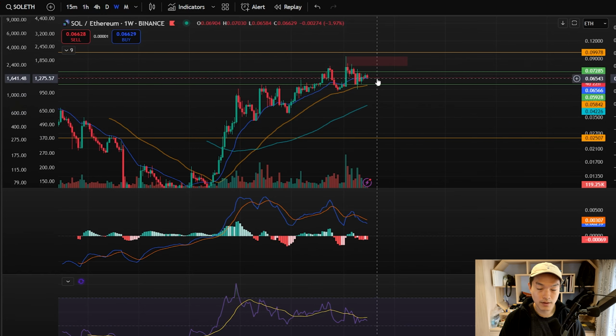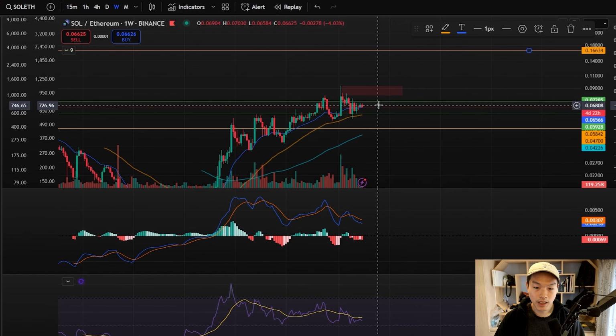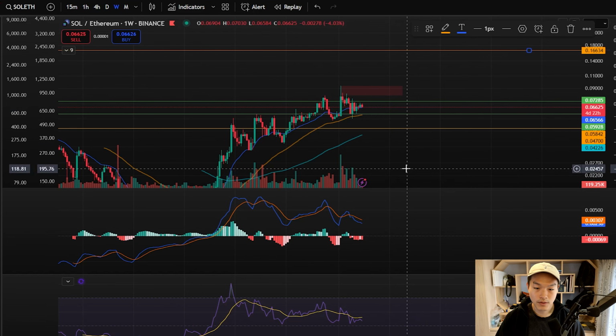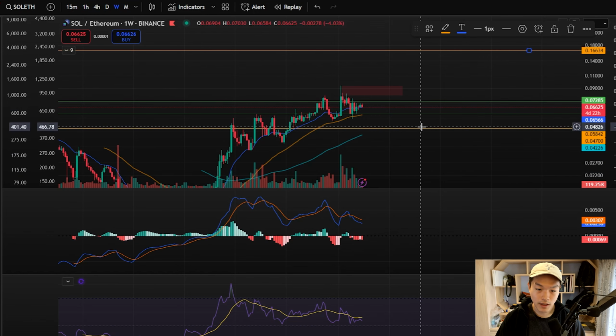So if I had a bullish pool, for example, if I drag my upper range all the way up there, my bottom range should be down here. Obviously, I would capture more of the upside, but also if something bad happens, if SOL begins to reverse against ETH, then I would also lose much more ETH in that case.